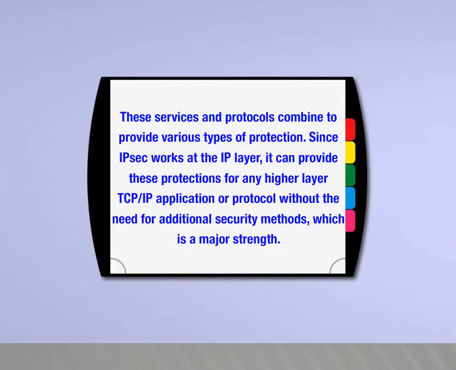These services and protocols combine to provide various types of protection. Since IPsec works at the IP layer, it can provide these protections for any higher layer TCP/IP application or protocol without the need for additional security methods, which is a major strength.